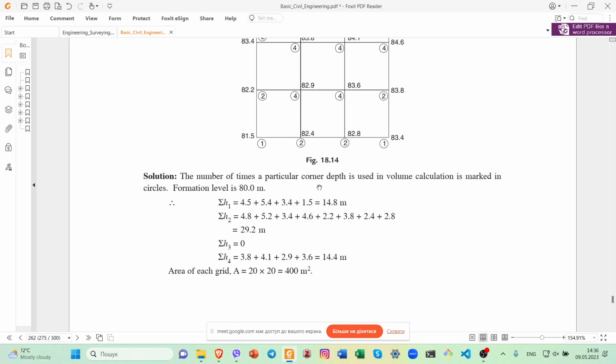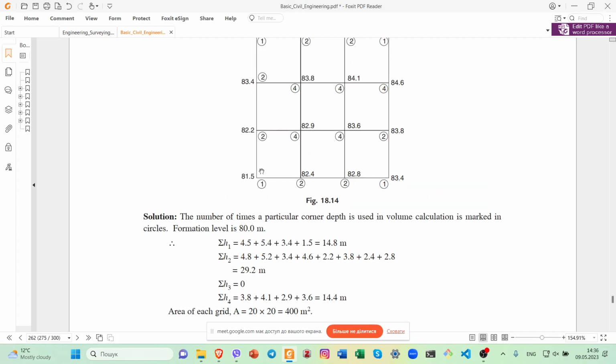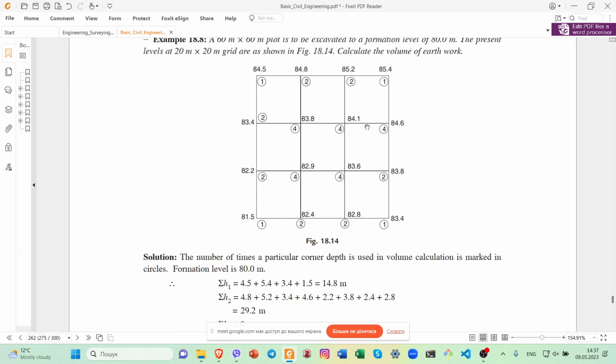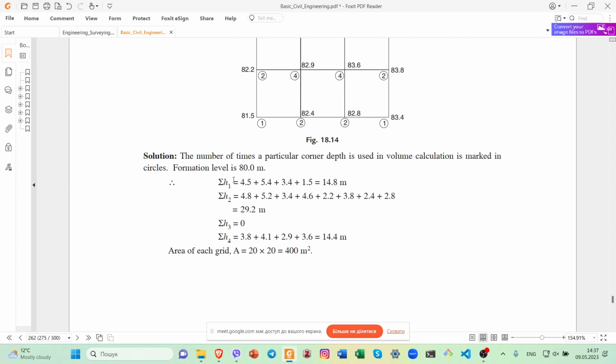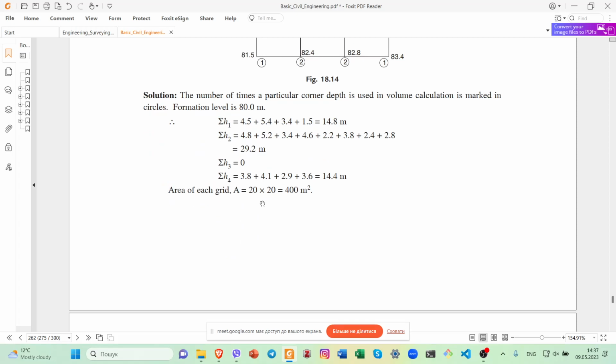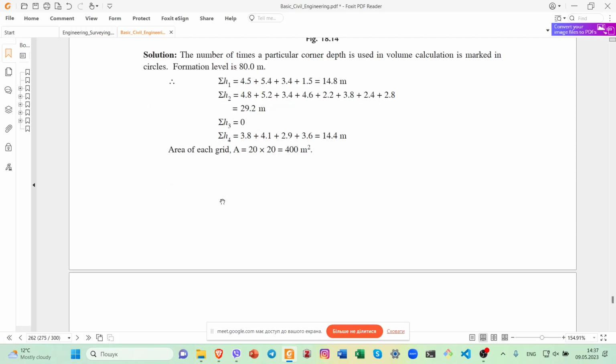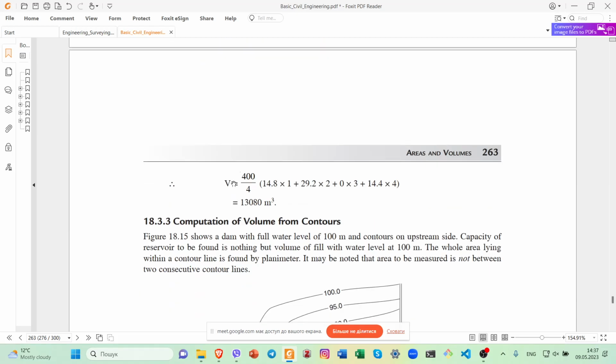The number of times a particular corner depth is used in volume calculation is marked in circles. Once, twice, 4 times, twice, 4 times. And then we use the formula and calculate the final volume of the groundworks.